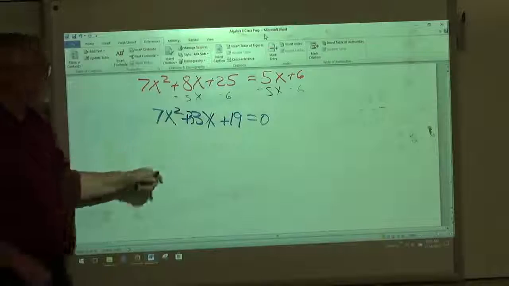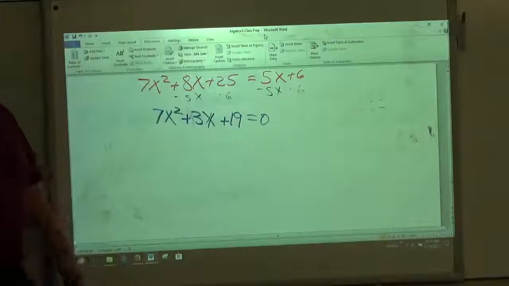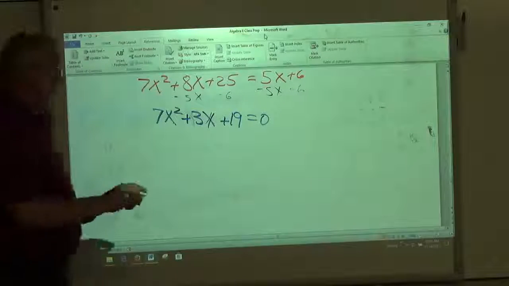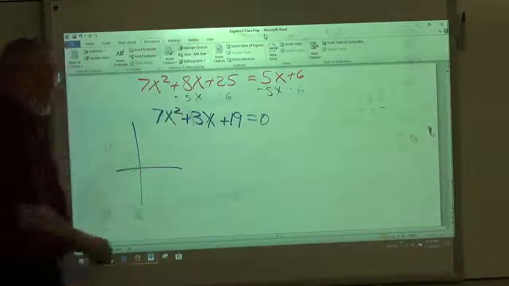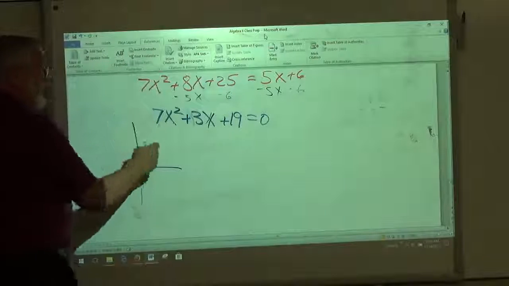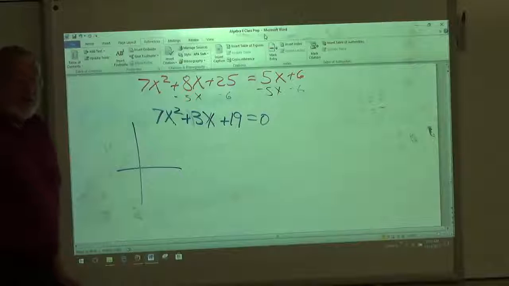Now, what does this mean for the original problem? If I get an imaginary number, that means it can't touch the x-axis, so it's up here somewhere. Where's the vertex? What are the letters?